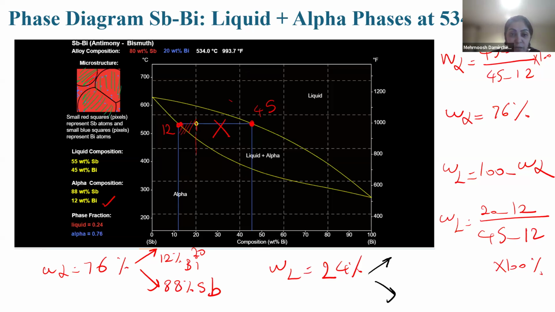We have 45% Bi, and how much Sb? 100 minus this, it should be 55% Sb. Okay.